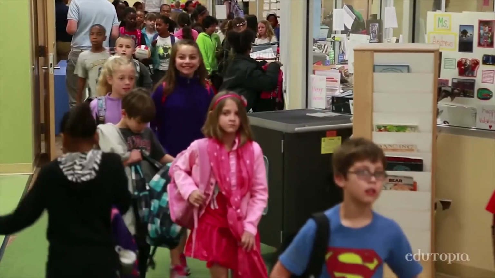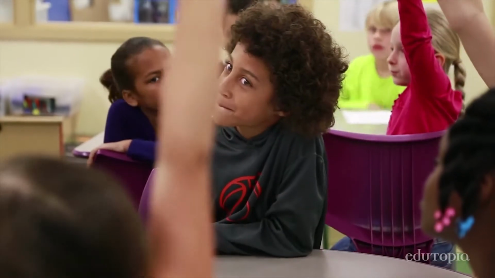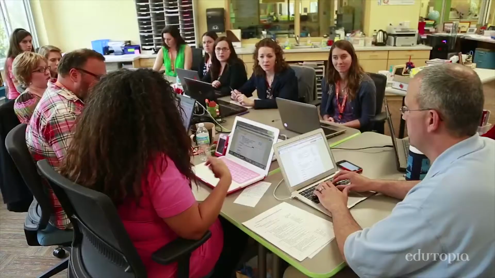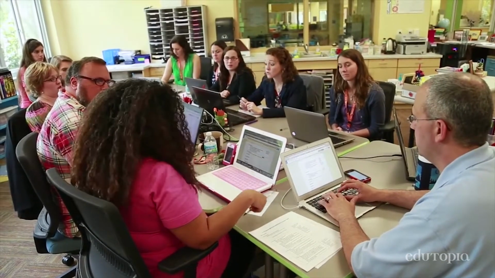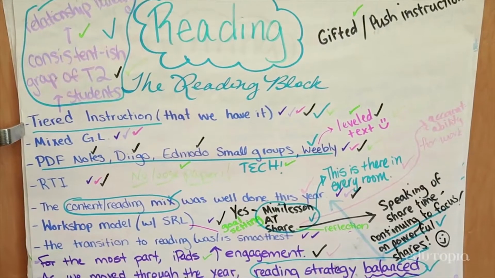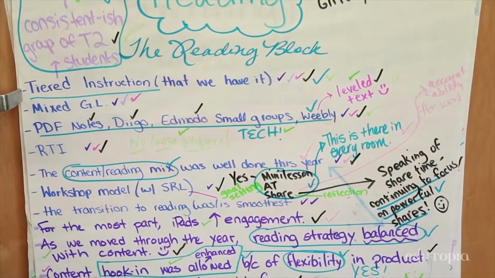So for us, it was really flipping that whole model upside down and saying, these are the resources we have available to us. How do we get everybody working together to design a system that is more seamless for students? This system would not work without teacher collaboration. Every decision we make, we have to make as a team.